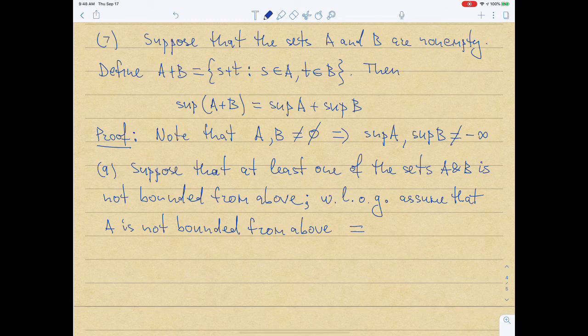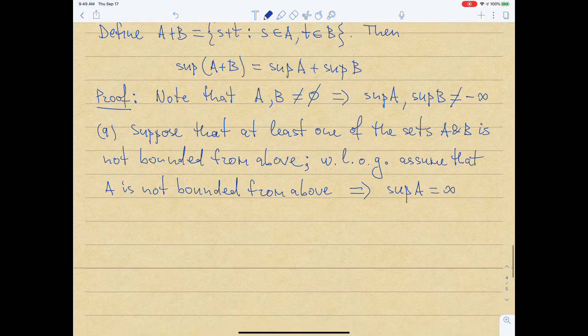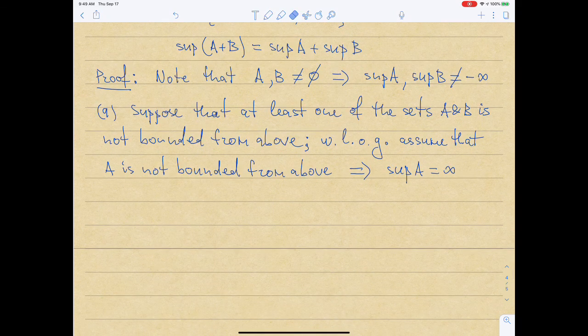So then, if A is not bounded from above, that can be written as the supremum of A is equal to infinity. So then, and we really did not define that before, but this is sort of an obvious definition, infinity plus any number, or infinity plus infinity, is equal to infinity.